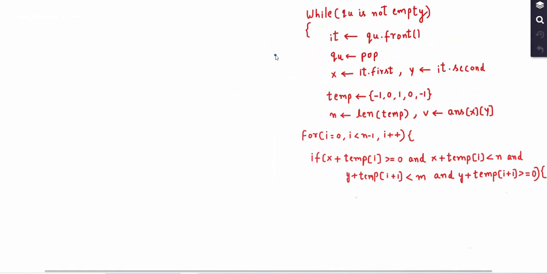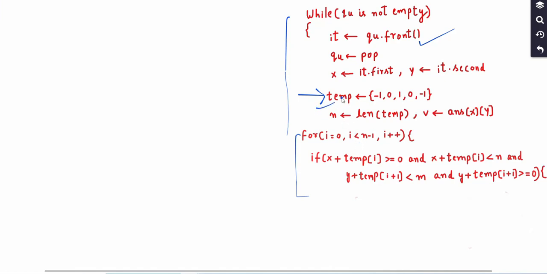Fine. So here I'm starting my BFS, and in the BFS I pop the front node, and for that cell I explore its adjacent cells. So here I am moving to adjacent cells. This is the direction vector which will be used to navigate to the adjacent cells of the current cell. Here n is the length of this direction vector.